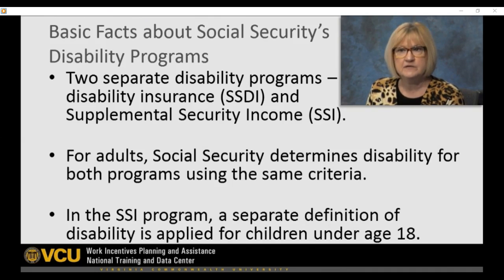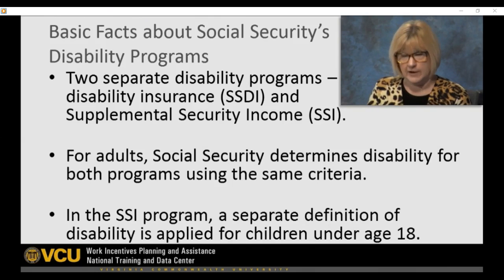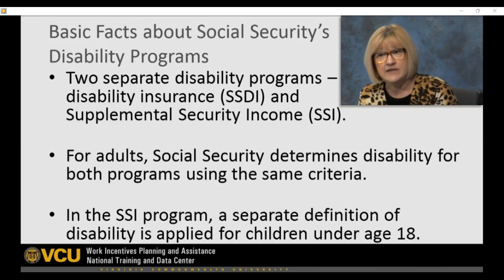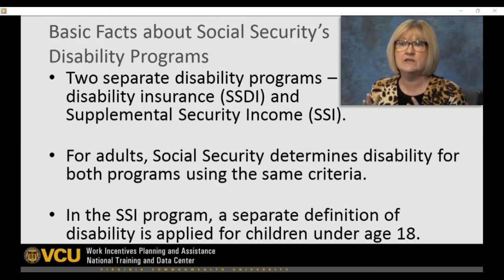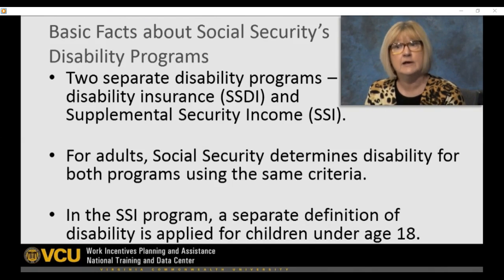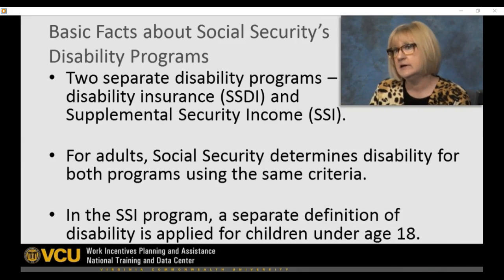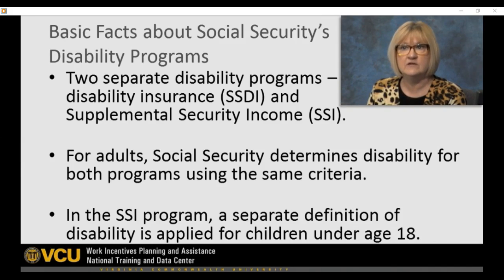Now, for adults, Social Security determines disability for both the Title II disability benefits and the SSI program using the same criteria. All right, so that's for adults. An adult in the land of Social Security is anyone aged 18 and above. Now an odd thing you may not have realized is that in the SSI program, there is a separate definition of disability for children under the age of 18.